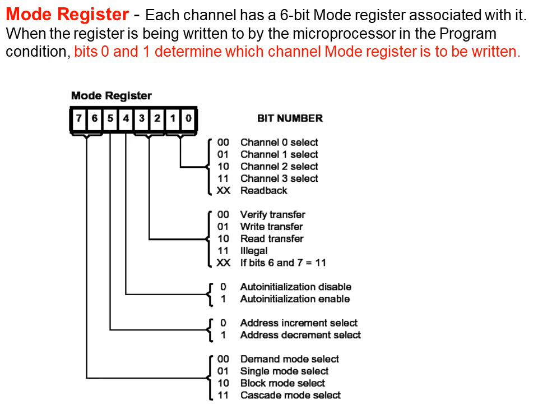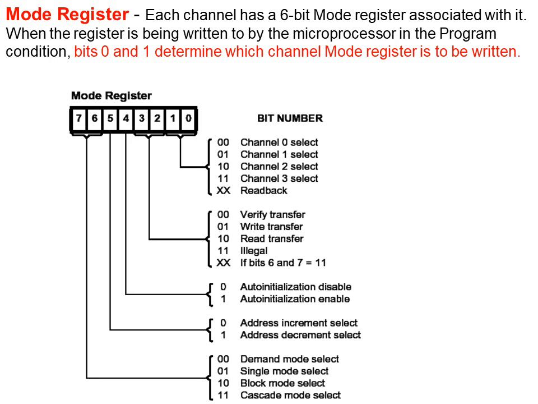The next bit is bit 4, used for enabling or disabling auto initialization. That means whether the auto initialization mode is activated or not. If we have set this bit, the auto initialization mode is enabled. Auto initialization means the channel is automatically initialized with the original data after the terminal count is obtained. Bit 5 represents the address increment select.